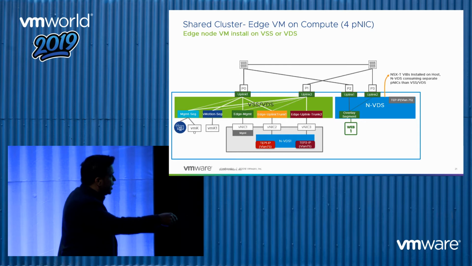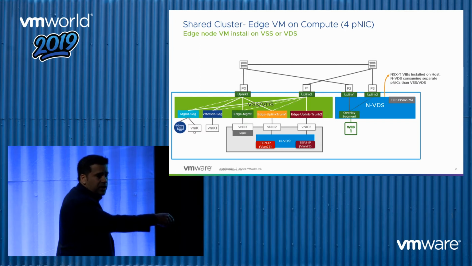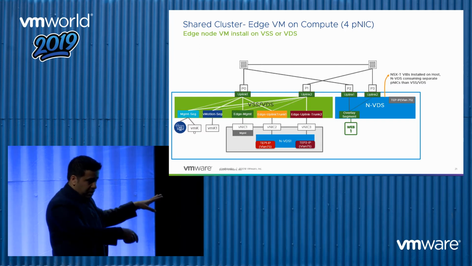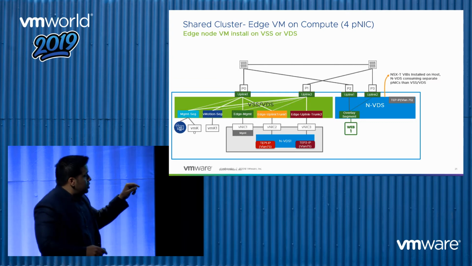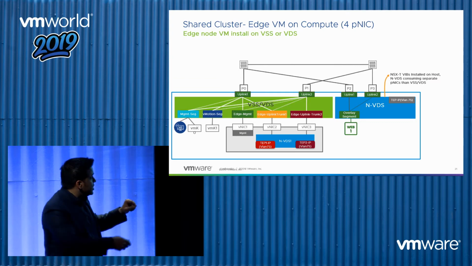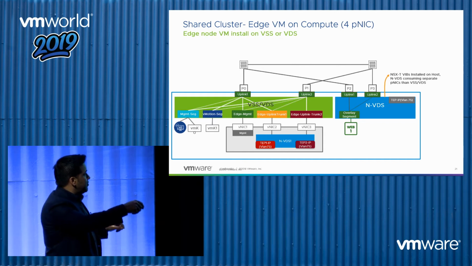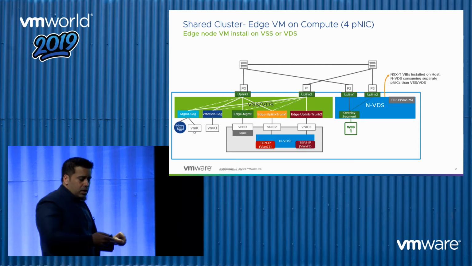When your edge VM is not sitting on the same NVDS, you could have the same or different VLANs, okay? This can be done today. Just to finish on this, all your management traffic and VM kernel traffic will go through PNIC P0 and P1. All your overlay traffic goes through P2 and P3, okay?